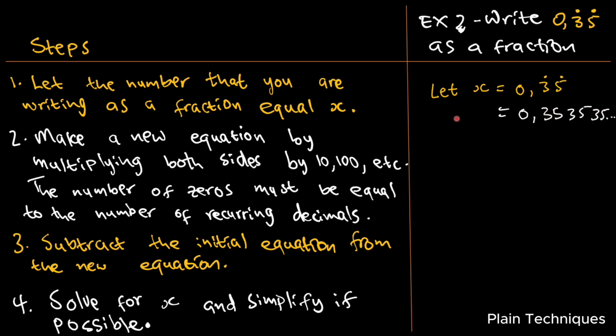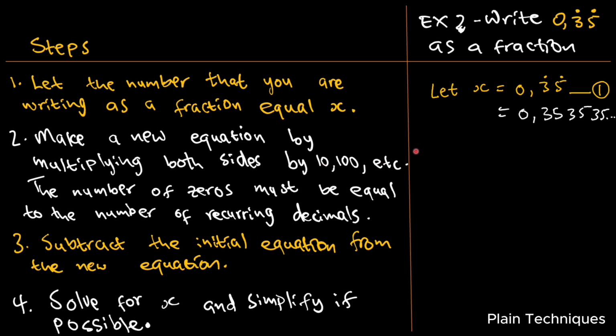Now, second step: make a new equation. I can call this equation number 1. I want to multiply both sides of equation 1 by 10 or 100 or 1000, etc. But how do I know which one to choose?